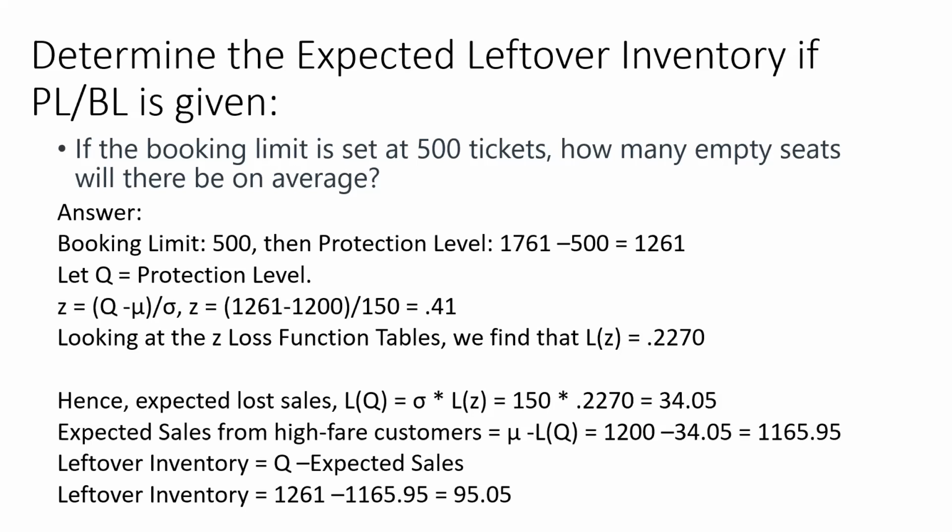But for high fare, revenue is going to be your protection level times your expected sales. And then your total revenue is going to be the two parts together. It's not shown in this PowerPoint, so I just let you know. We might have that question in the final.